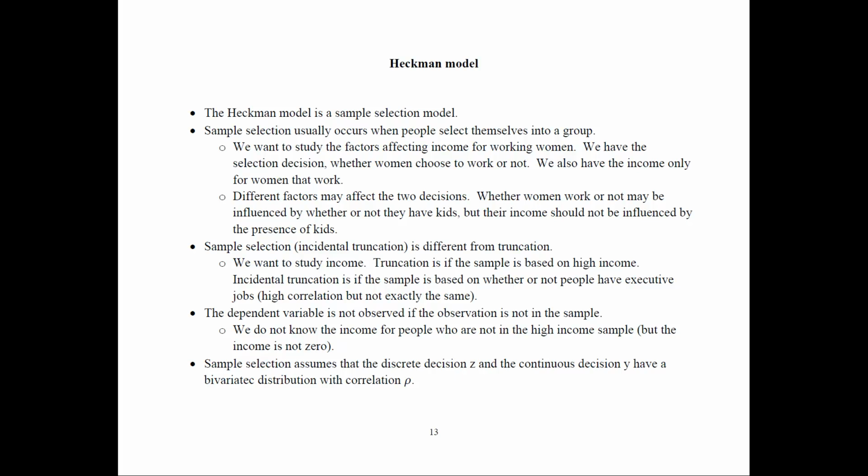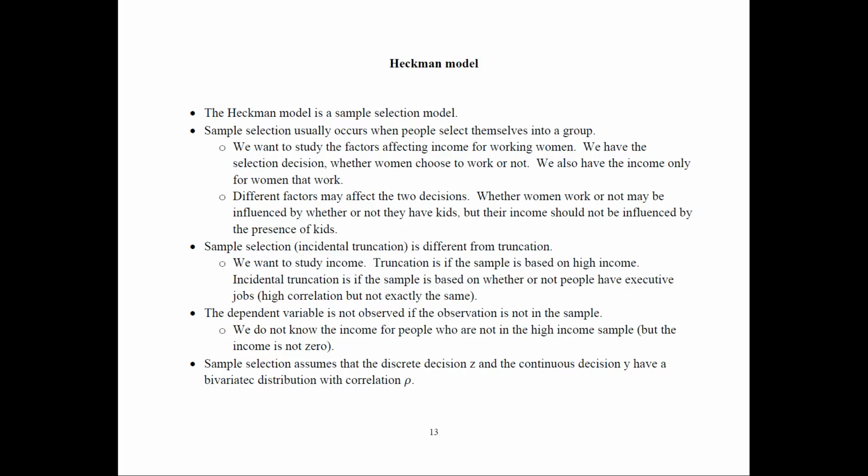So here is an example. We want to study the factors affecting income for working women, and we have the selection decision of whether women choose to work or not, and we have the income only for women that work. In this case, we could have different factors that affect the two decisions.